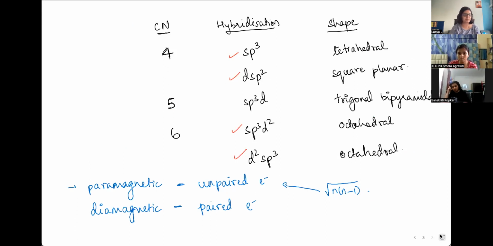So we have to note down the points. The first step is to get the electronic configuration based on the magnetic moment.